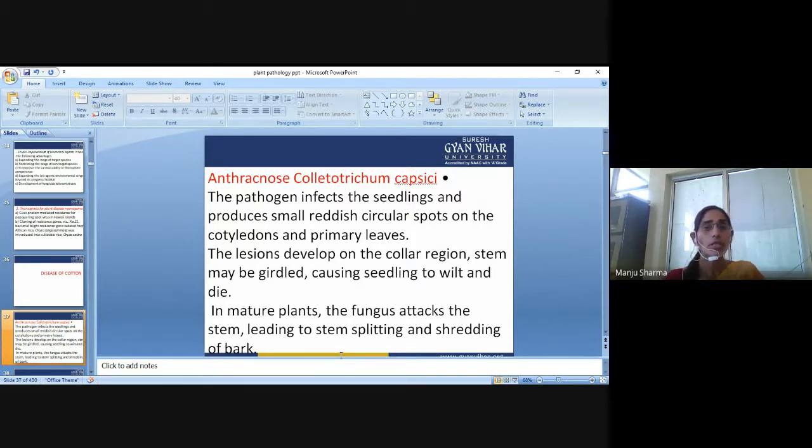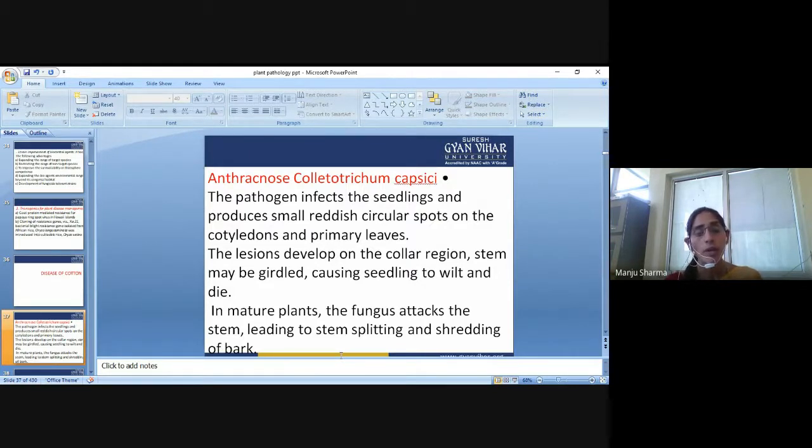The pathogen infects the seedlings and produces small, reddish, circular spots on the cotyledons and primary leaves. Lesions develop on the collar region. The stem may be girdled, causing the seedling to wilt and die.